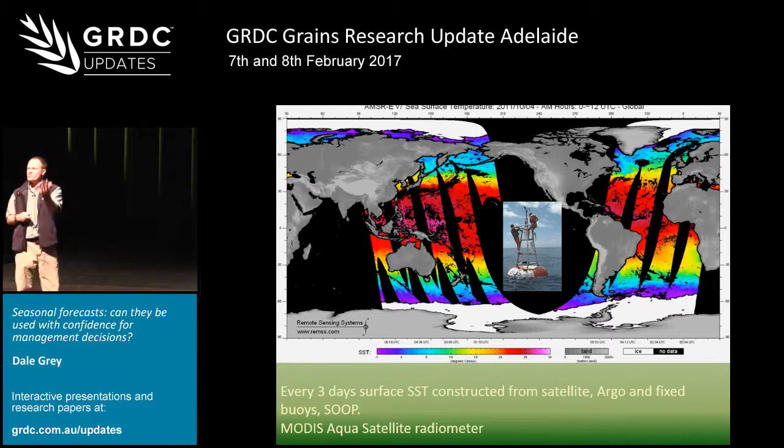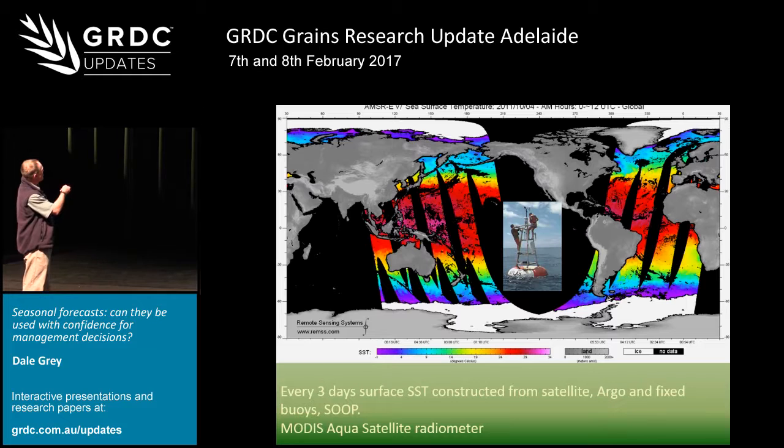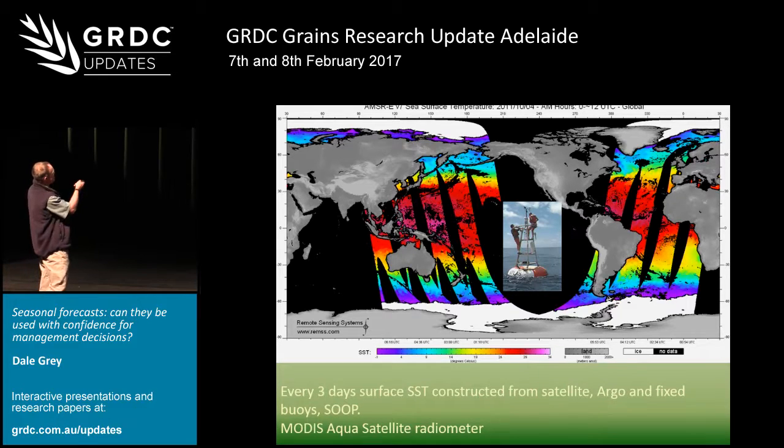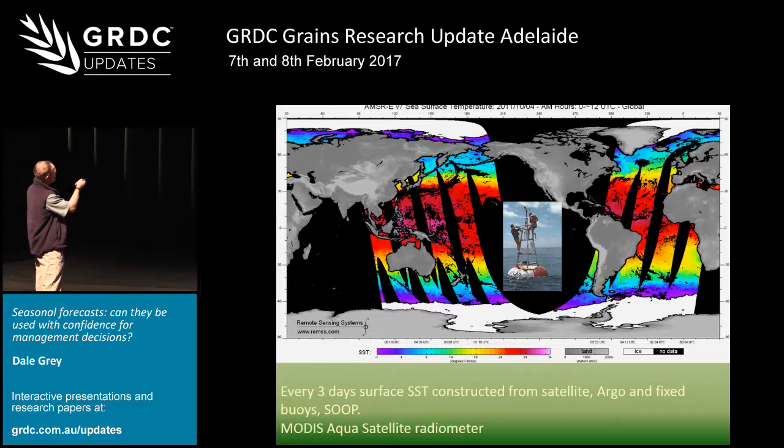What happens above the ocean, of course, in terms of temperature of the ocean, comes in primarily from satellite information, which is fantastic because you see this is the MODIS satellite here, that with just a couple of runs a day, you don't get 100% coverage of the world always, but it's pretty easy to extrapolate and fill in the gaps. These are the buoys through the middle of the Pacific, the Triton array, which have got the 2-ton blocks on the bottom of them, and they're going up every day, taking information along the equator through the Pacific.